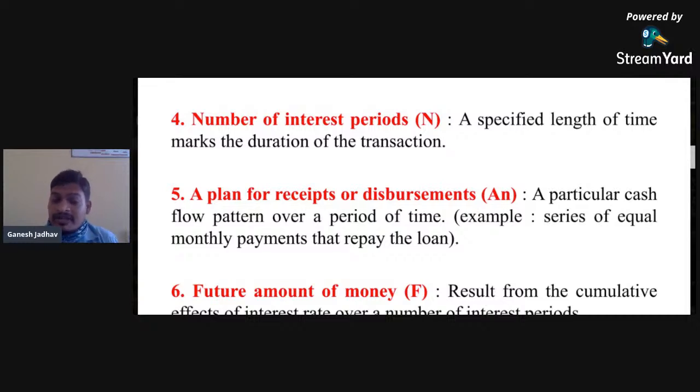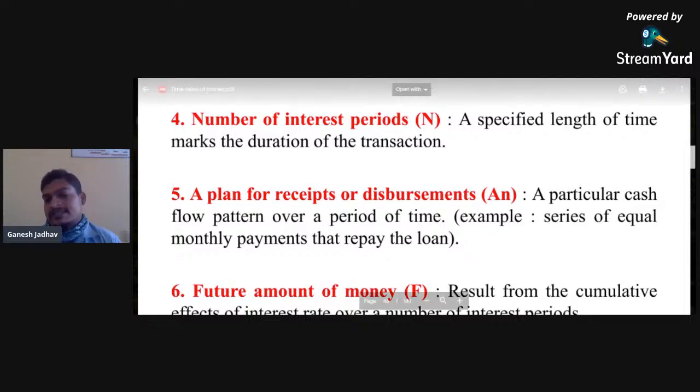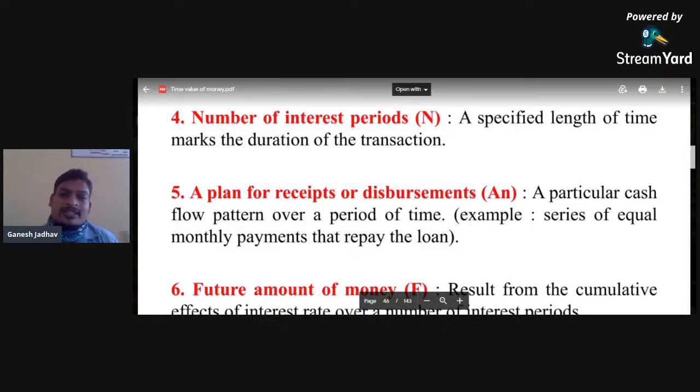But the actual value of your flat is the 40 lakh. Okay, but the remaining amount is equally divided into the series of the monthly payments. That are, we say in Marathi, the haftes. So this is the plan for the receipt or the distribution, the future amount of the money.